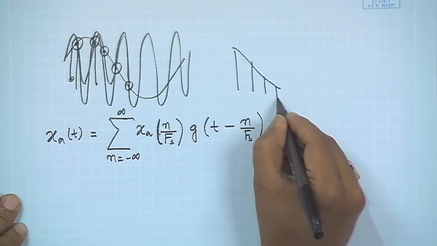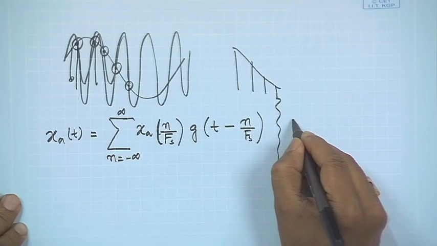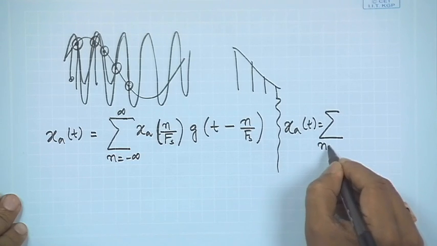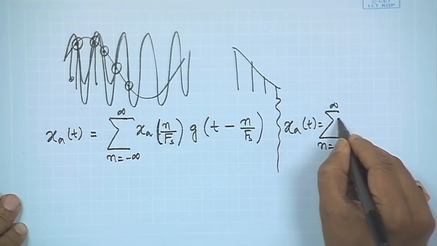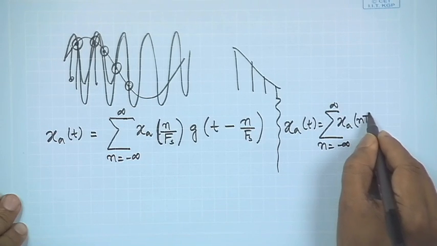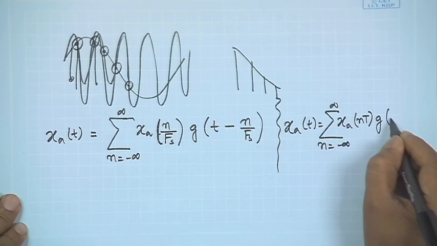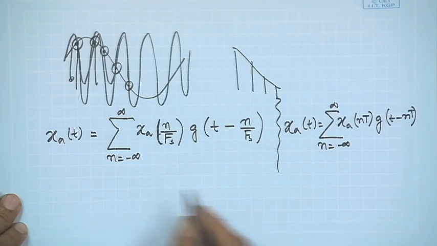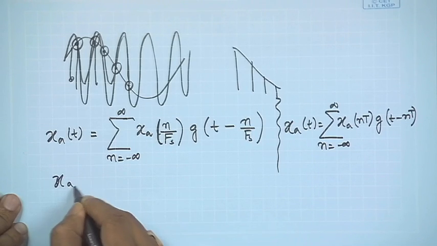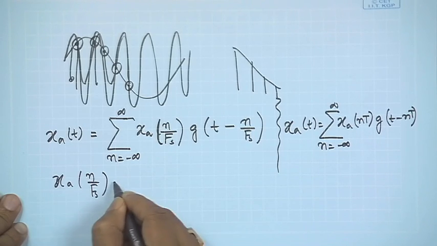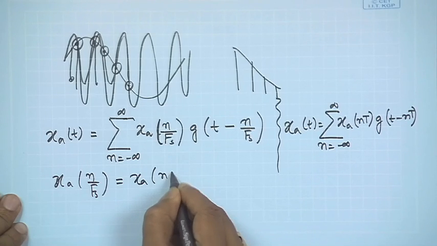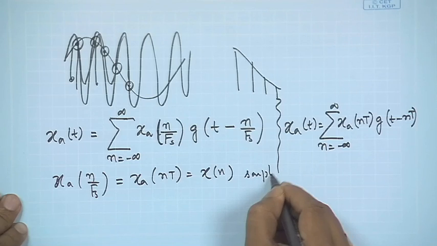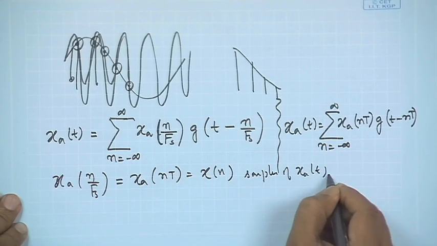Again, instead of this, you can look at it as x a of t is equal to the sum of n equals minus infinity to infinity x a of n T g of t minus n T. So, of course, we have said that x a of n by f s we should write as x a of n T, which is equal to x n, which are samples of x a of t.